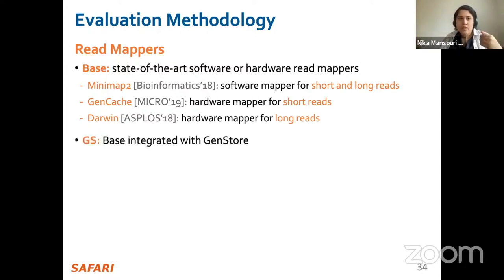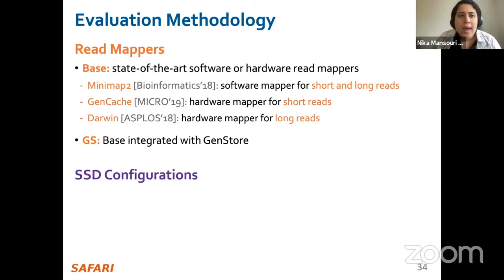And GS in the plots I will show you shows a base integrated with GenStore inside the SSD. So basically, we want to see how GenStore augments these accelerators, how much it can improve their performance by integrating with them and concurrently filtering reads inside the SSD.